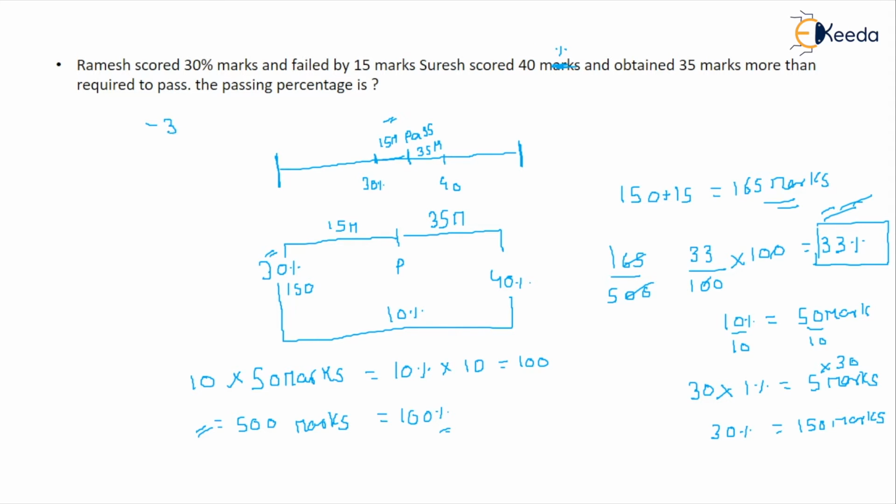That is 33%. Okay. If the side of a square is increased by 10%, then find the net change in area. So square side, okay, so earlier suppose its side was 100, and now it is increased by 10%, means 110.